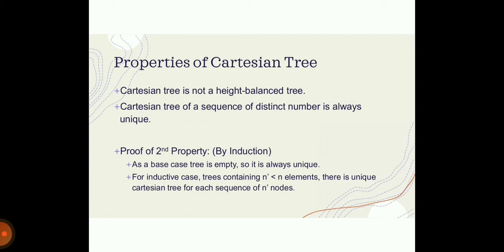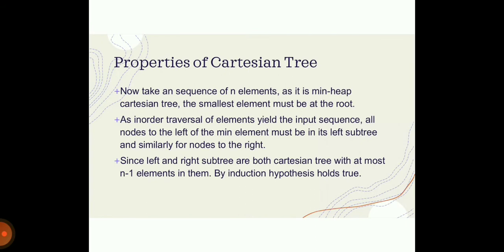We will prove this property by induction method. So as the base case, when tree is empty, so it will be always unique. And for inductive cases, let's assume that for n dash elements where n dash is less than n elements, there is unique Cartesian trees for each sequences of n dash unit. Now take a sequence of n elements. So as it is min heap Cartesian tree, the smallest element must be at the root of the tree.